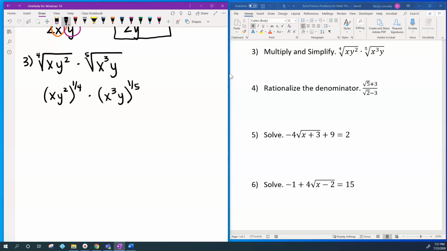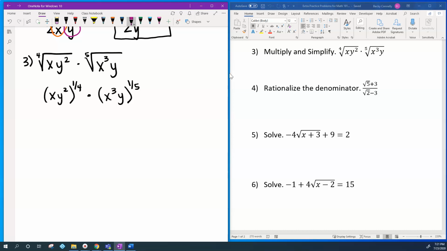So remember, I need to get a common denominator here in order to add those together because it's connected by multiplication. And so I want to be able to get those together. So let's think about this, right? If I'm looking at 4 and 5, well, 20 would be our common denominator.